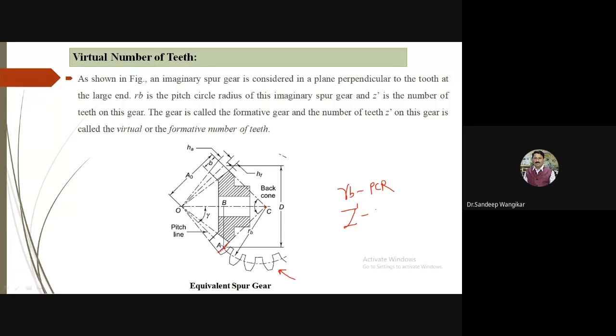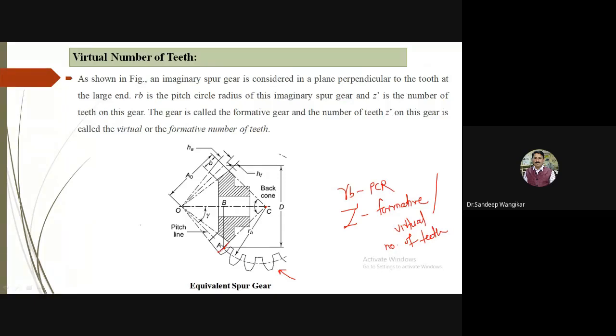So whatever Z dash is, we will call it the formative or virtual number of teeth. These are the teeth on the imaginary spur gear, which is imagined at the larger end, and RB is the pitch circle radius at the larger end.